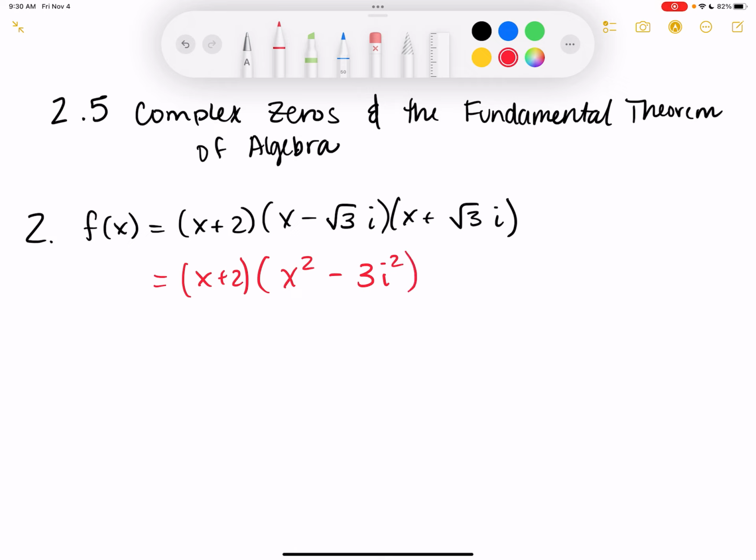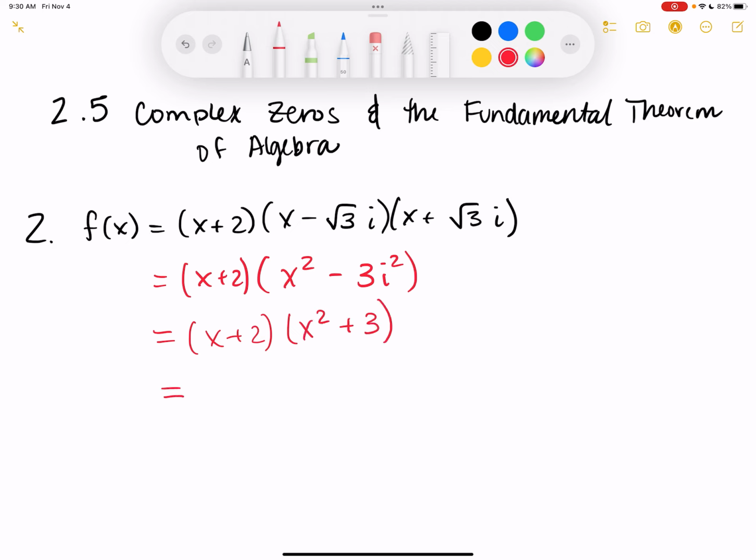When you have square root times square root, the square roots cancel and you just copy down what's inside. And then i squared is what? Negative 1. So this is going to become plus 3. So we've got x plus 2 times x squared plus 3.